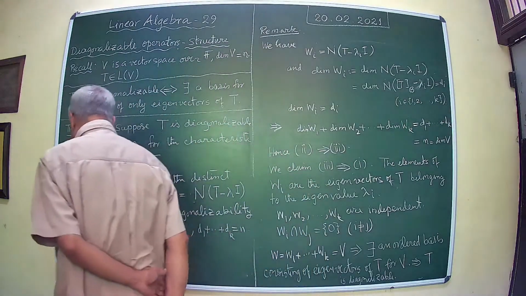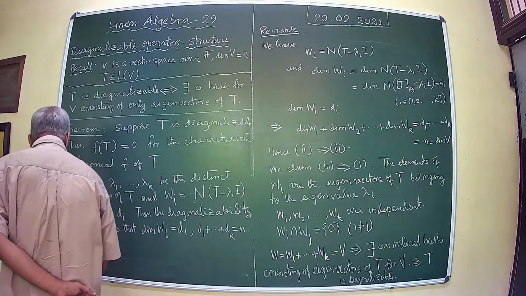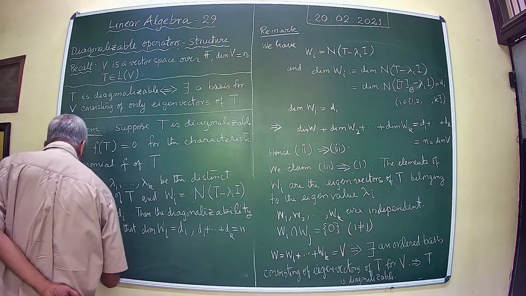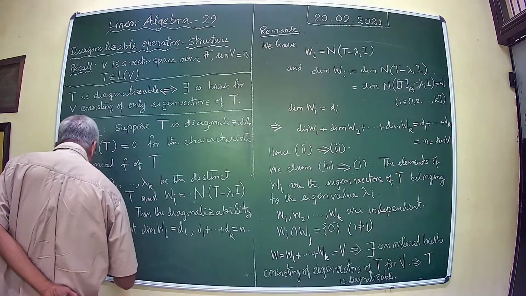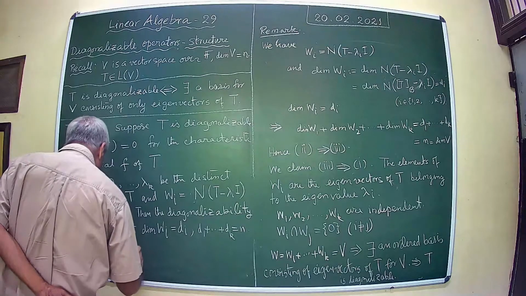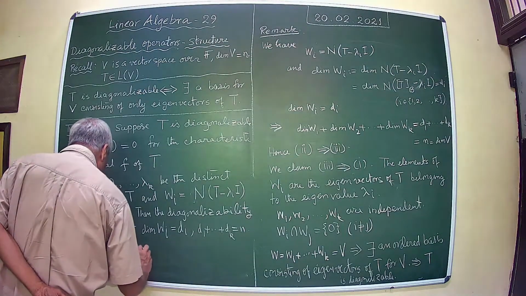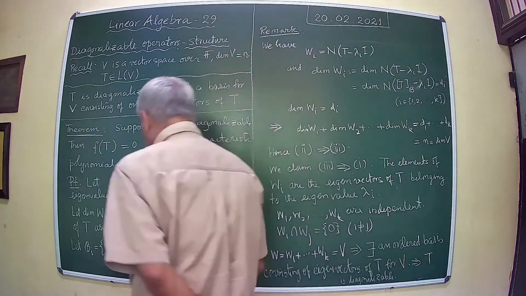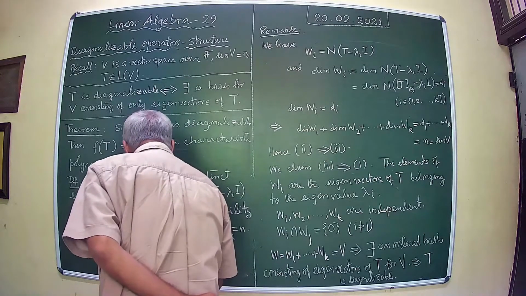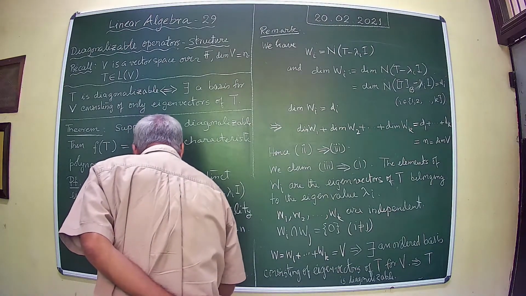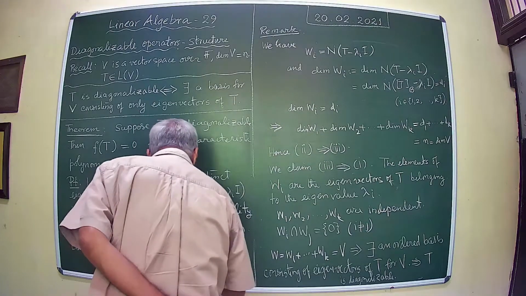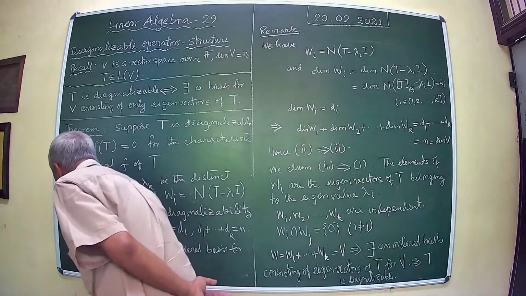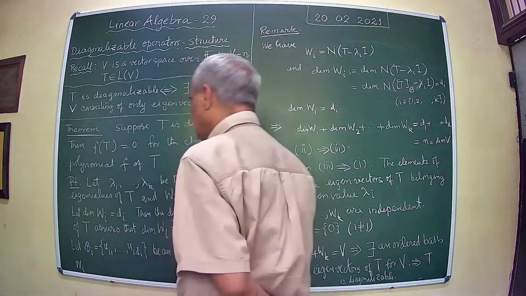Okay. So let u_i1, ..., u_idi be a basis of Wi. Then what do you have?